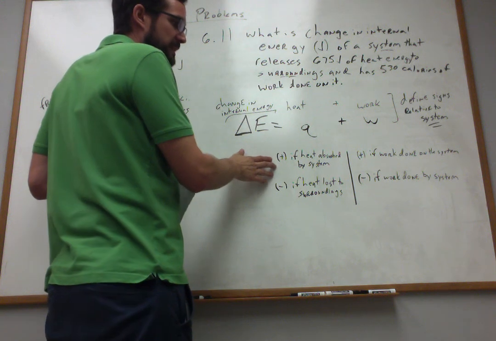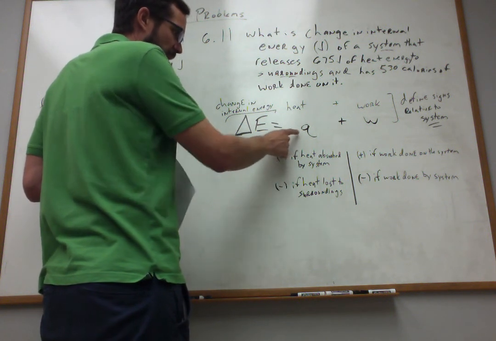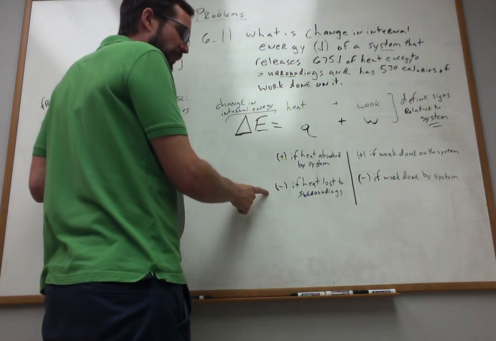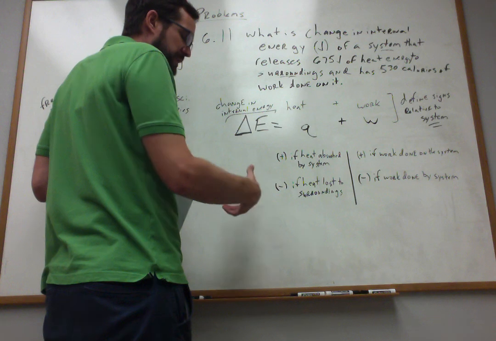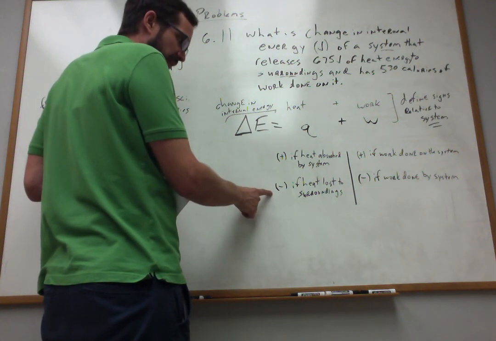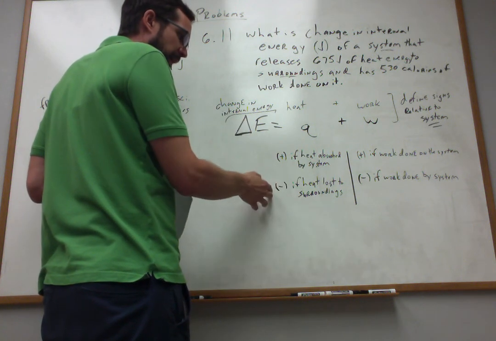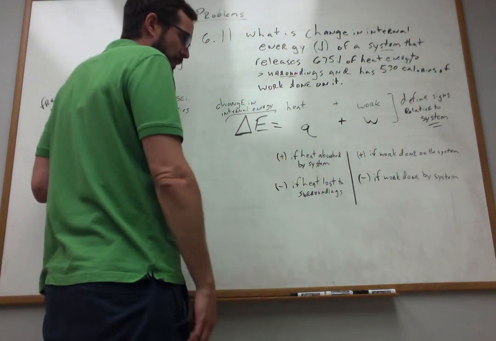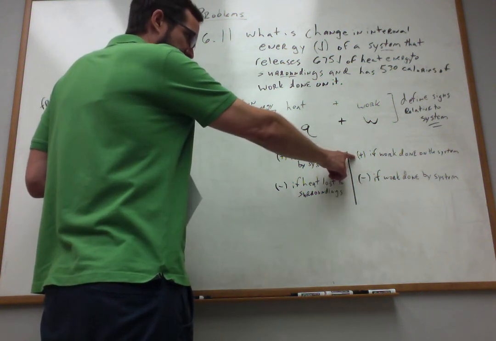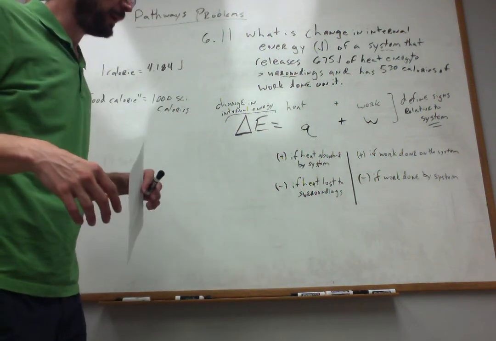So if heat energy is absorbed by the system, the change in Q would be positive. However, if the chemical system produces heat, which is then lost to the surroundings, my Q has a negative sign. So again, positive if heat is absorbed by the system, negative if heat is lost by the system, okay? Likewise, if work is done on the system, maybe you compress something, we'll say, okay?